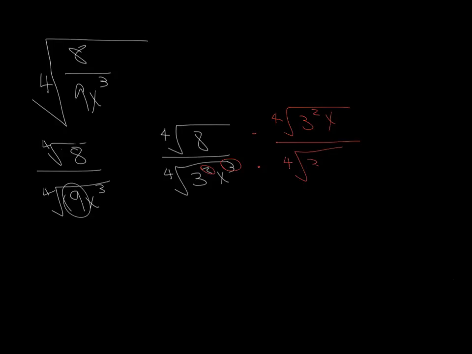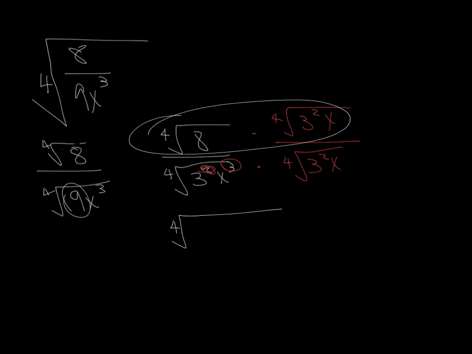So when I do this, 2 plus 2 equals this 4, 3 plus 1 equals 4. So that's how I know which one to use. Alright, so when that's all said and done, multiply those, so I get the 4th root of 8 times 9 over 3x.